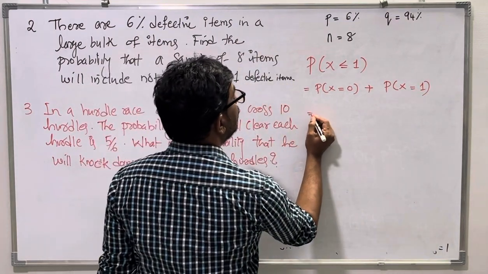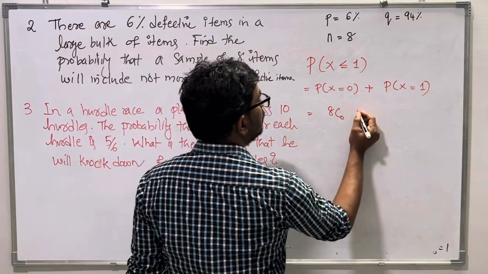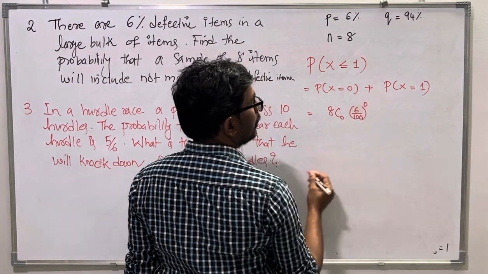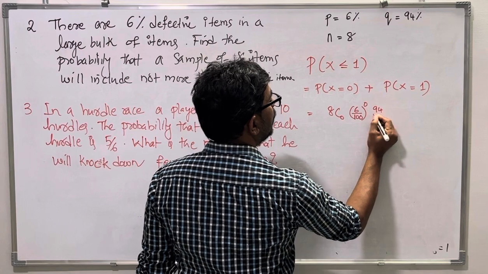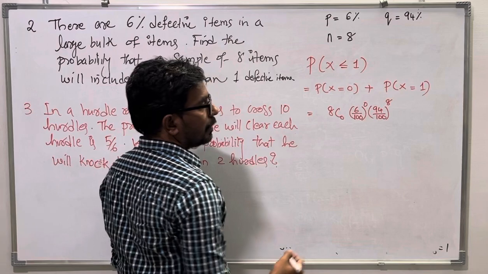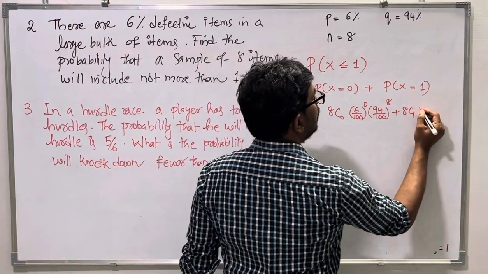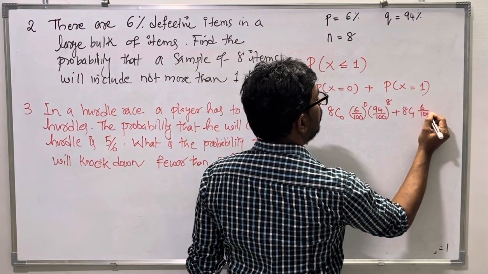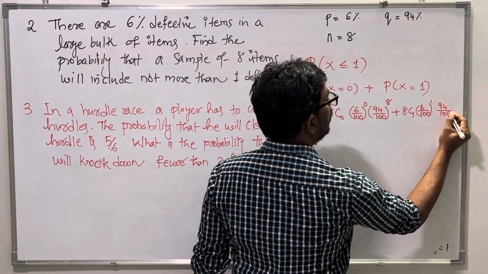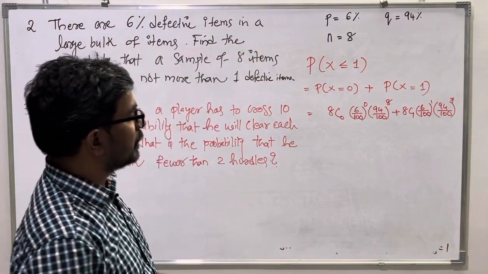So this can be done how? 8C0, P is 6% or 6 by 100 to the power 0, and then 94 by 100 to the power 8 minus 0, which is 8, plus 8C1, 6 by 100 to the power 1 and 94 by 100 to the power 7. So this is how it comes.